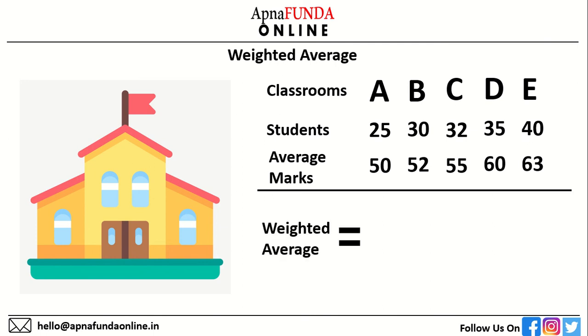For each class A, B, C, D, E, the number of students multiplied by the average marks will give me the total marks. I hope you agree. The sum total of these marks of all these 5 classes will give me the total marks of the entire school.